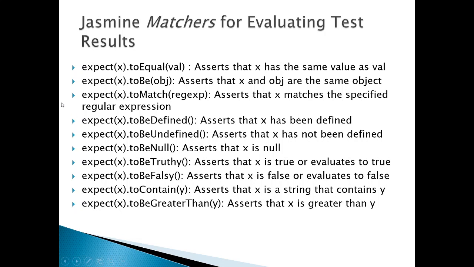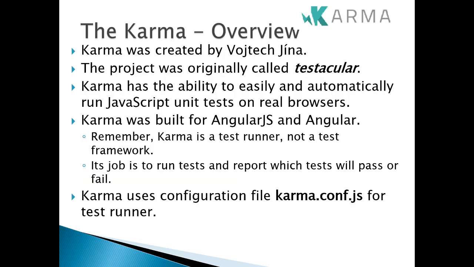This is the way with Jasmine also. It expects that it should be defined, or undefined, or null, it should be true, it should be false, it should match, etc. So these are all the assertions that can be applied to any field in our form or any input value.